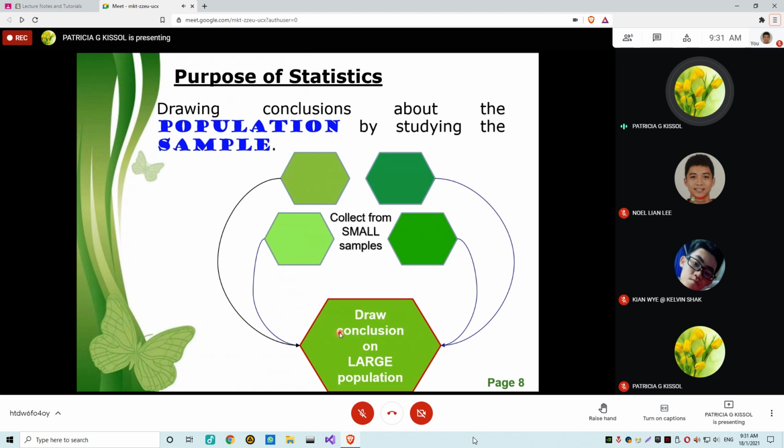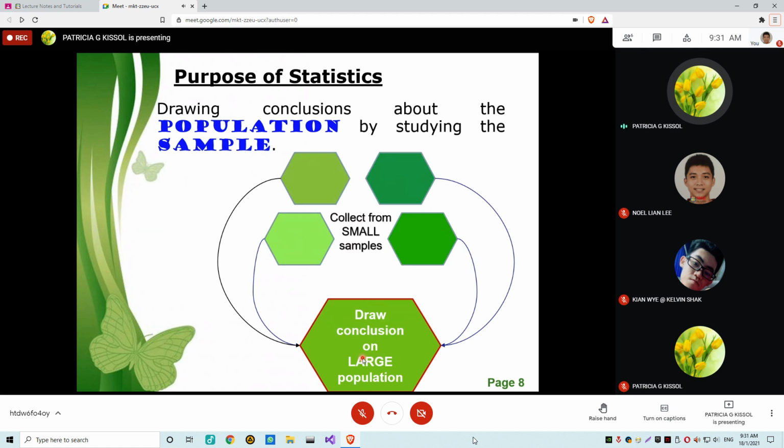From this diagram, we collect small samples, like this one sample here, another sample, another sample. From all these samples, we combine them, statistically of course, and then we draw a conclusion about the large population.